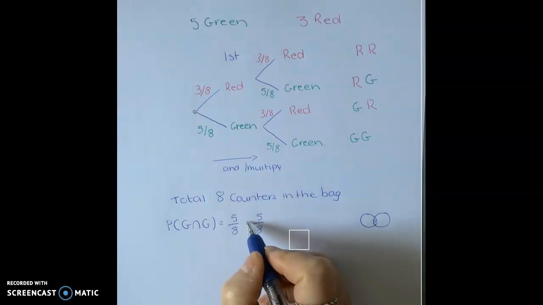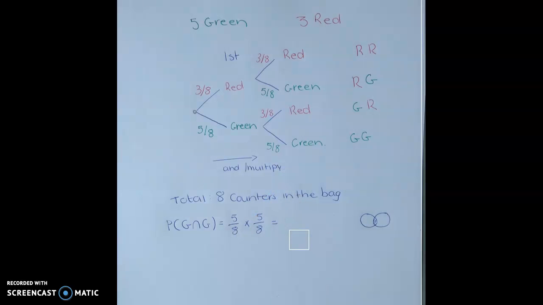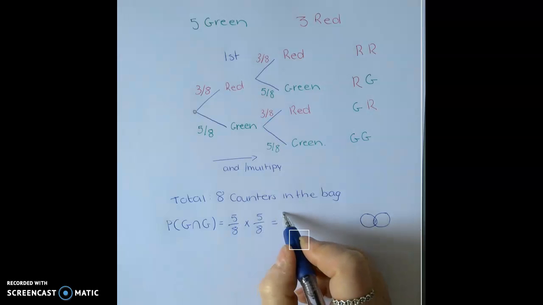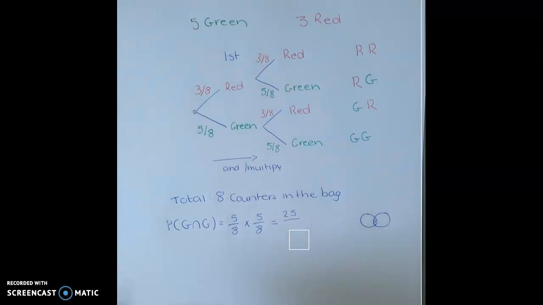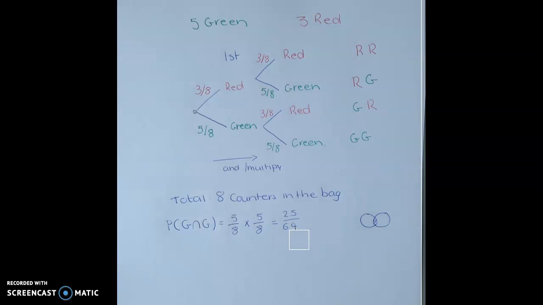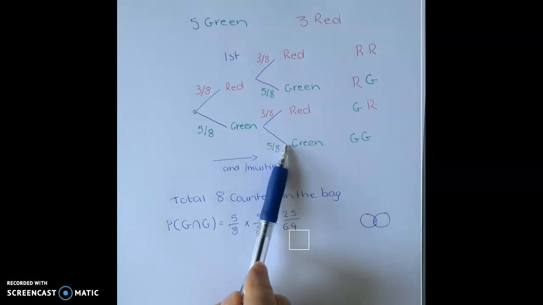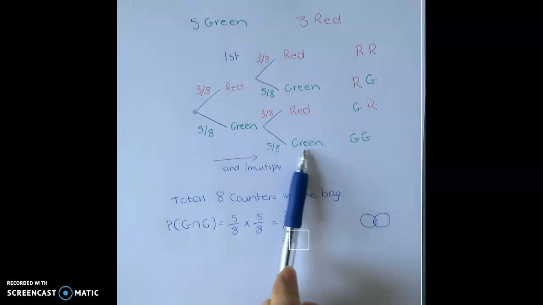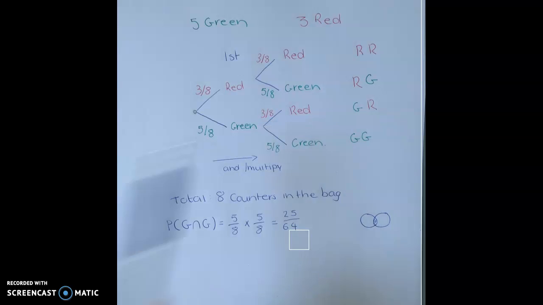So this will be 5/8 times 5/8. So that'll be 5 times 5, which is 25, and 8 times 8, which is 64. So that would be our probability of picking out a green counter and a green counter. So when we move along the branches, it's green and green, green and red. We multiply.